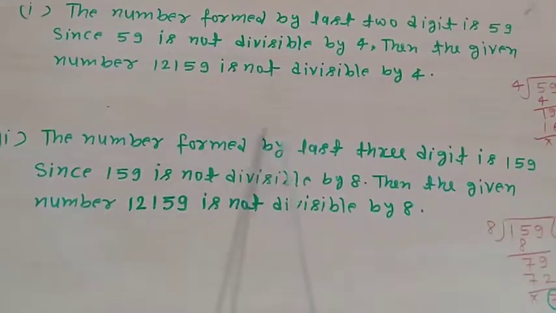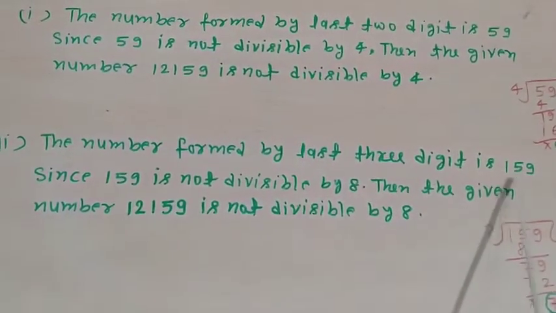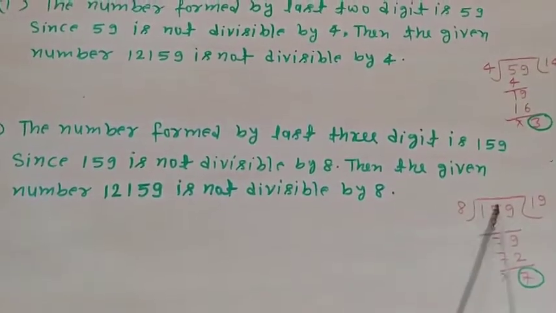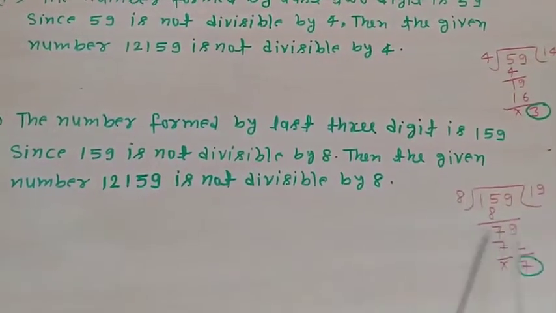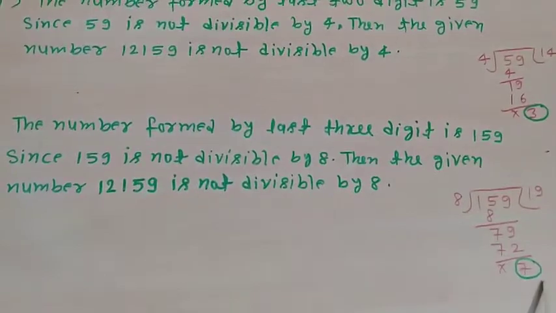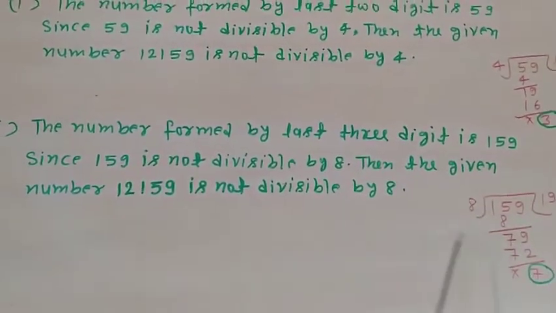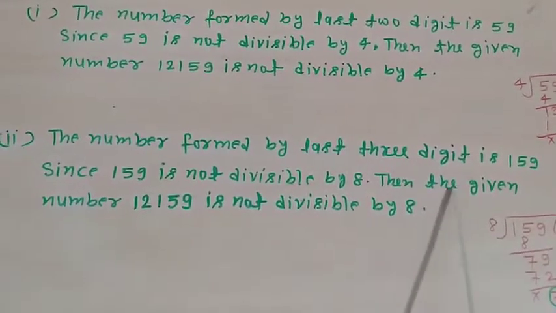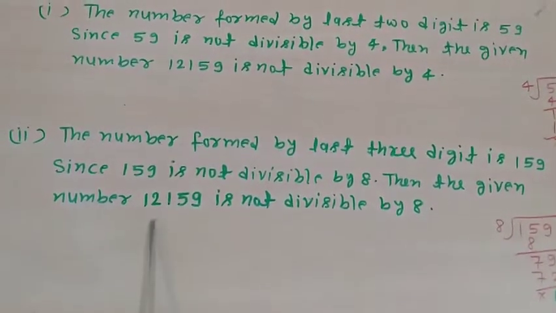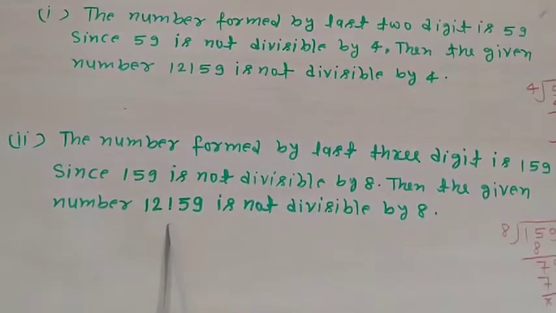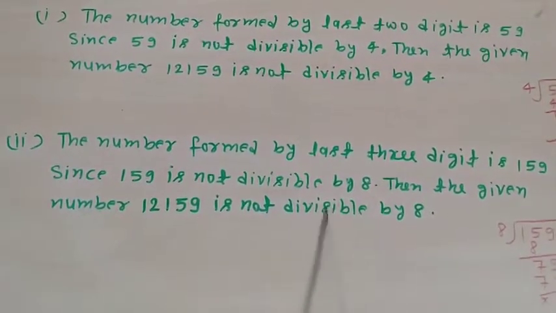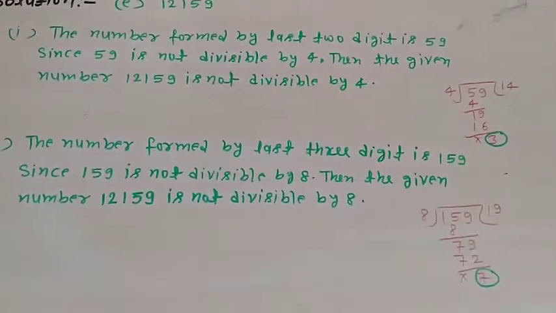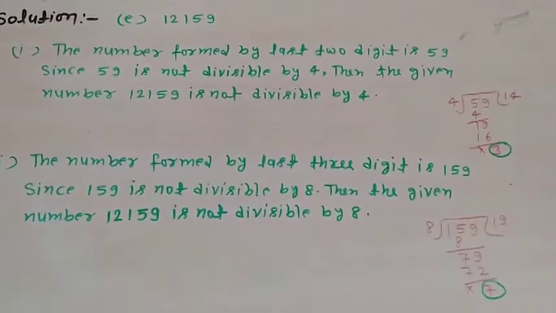The number formed by the last three digits is 159, and 159 is not divisible by 8 because it gives remainder 7. So the given number 12,159 is not divisible by 8. This is our solution of the E part of question number 2.